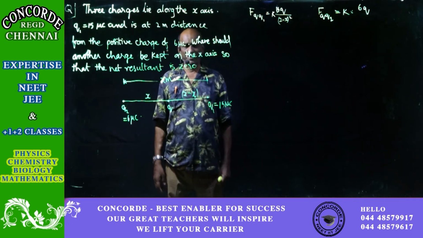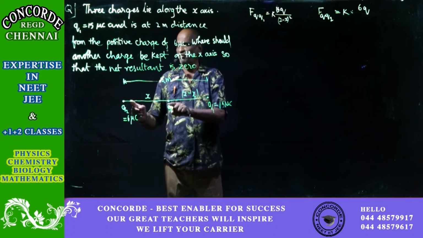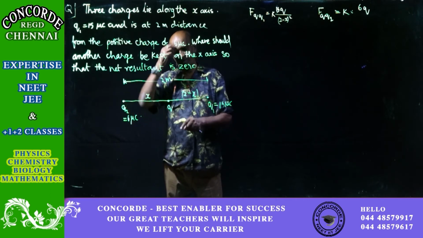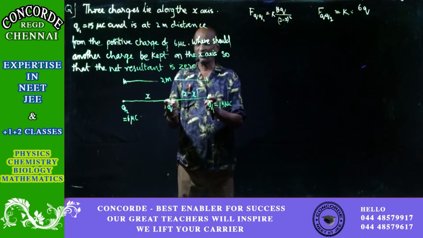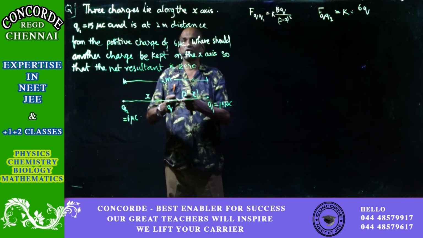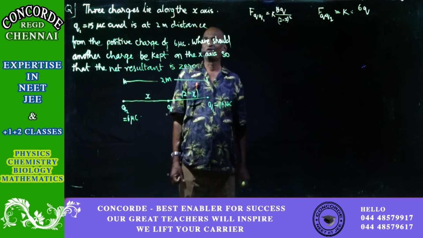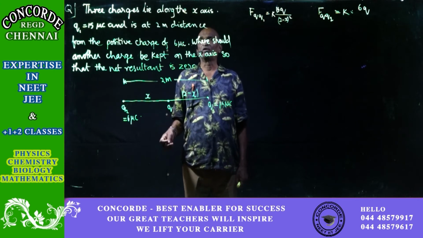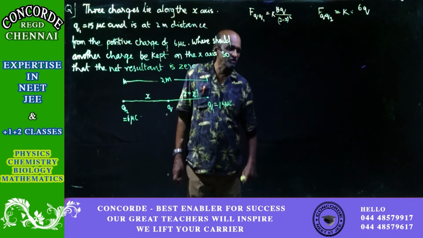So what will happen is that when you keep a positive charge, they will repel. Equal amount of force on the other side, again repel. If you keep a negative charge, there will be attraction, and here also there will be attraction. So repelling or attraction, whatever it is, they should cancel out. So that is why the value of this charge, and also whether it is a positive charge or a negative charge, is not given.